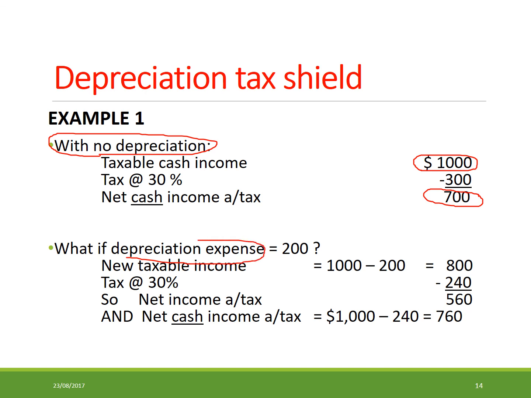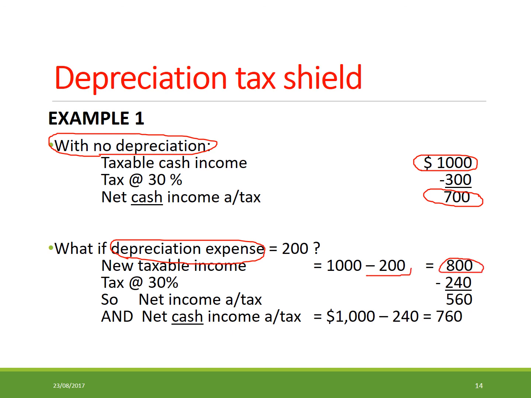If our depreciation expense is $200, what would happen to our after-tax income, right? So our cash income is the same, $1,000, but our taxable income becomes only $800 in this case, yeah?